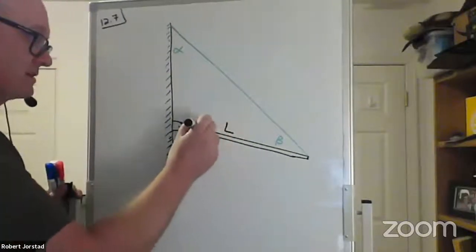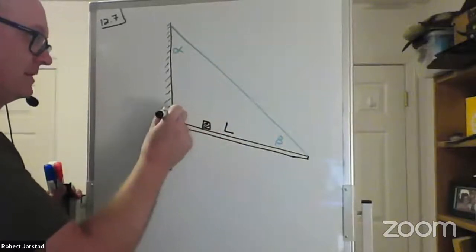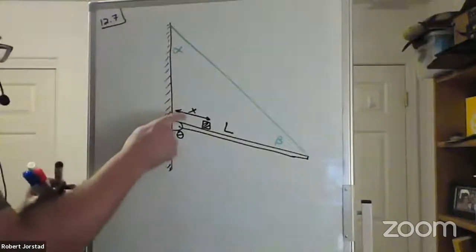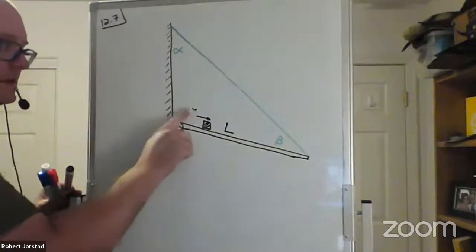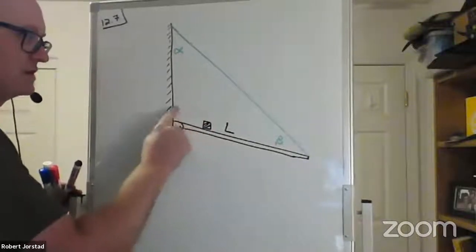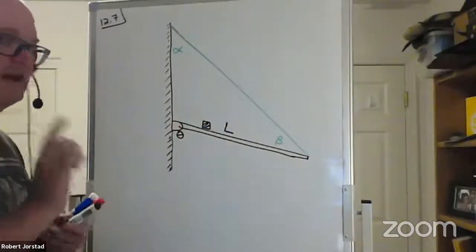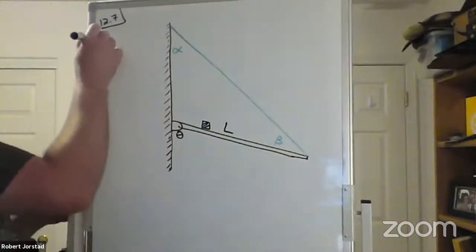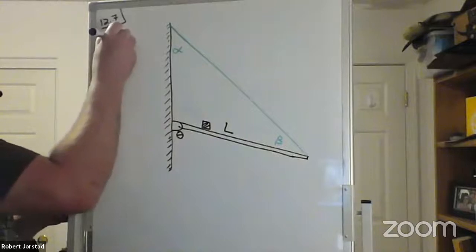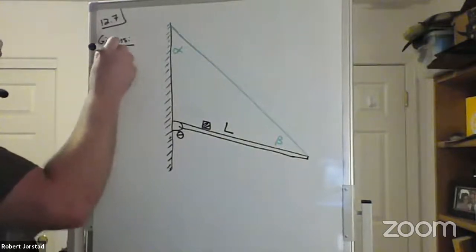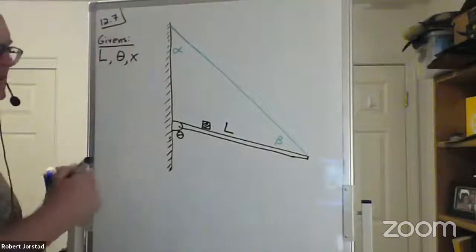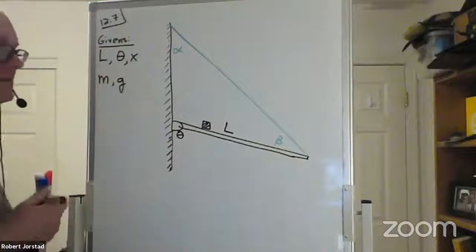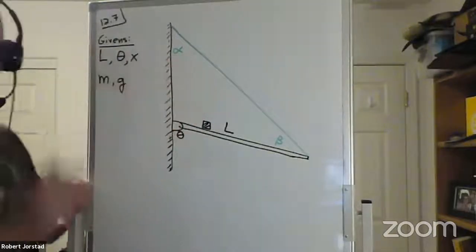There's a picture here. There's a block right here. This distance was X. Now, in this case, I actually want to leave this one off for a minute just because it's going to add some confusion. What is known? Let's list the knowns. L, so these are my givens. Length was given, theta was given, X was given, and I think the mass was given. G is a given. But I don't think we knew alpha or beta in this problem.